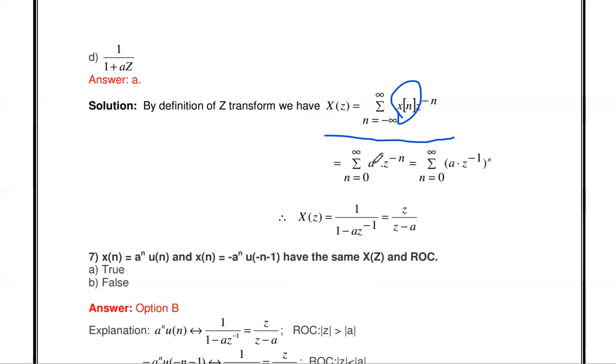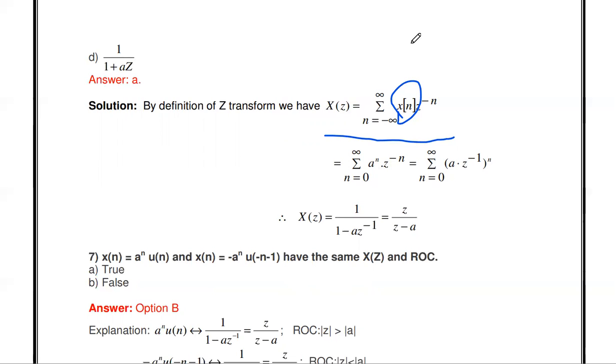Since any signal multiplied with u of n restricts the limit to 0 to infinity, we get the sum from n equal to 0 to infinity of a power n z power minus n. Taking the power n as common, we write a into z inverse to the power n.